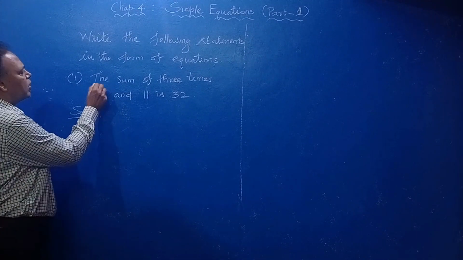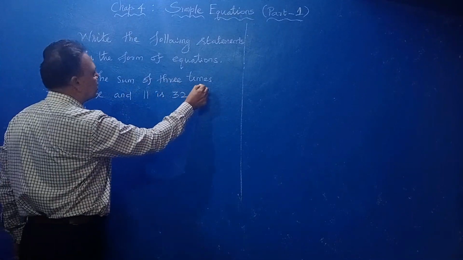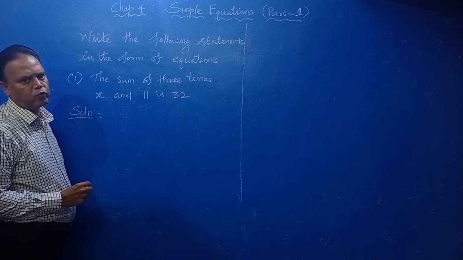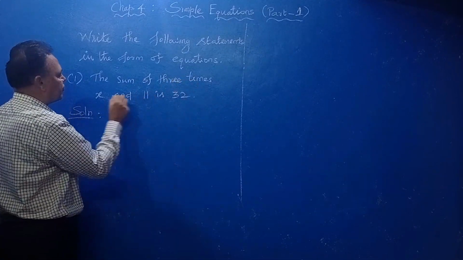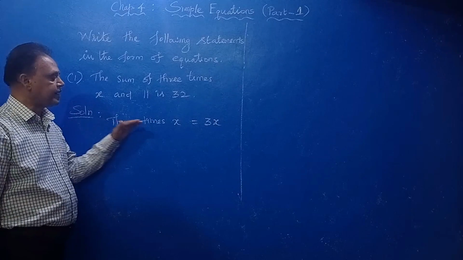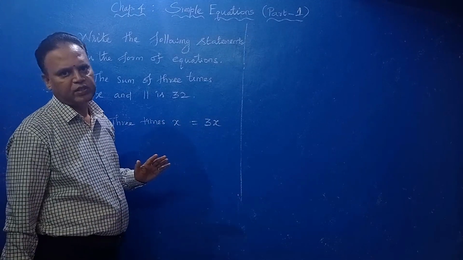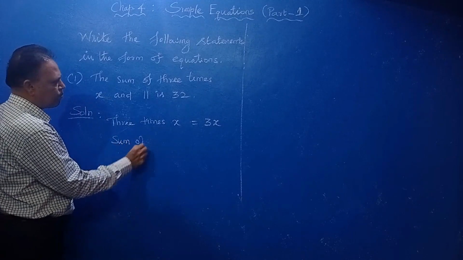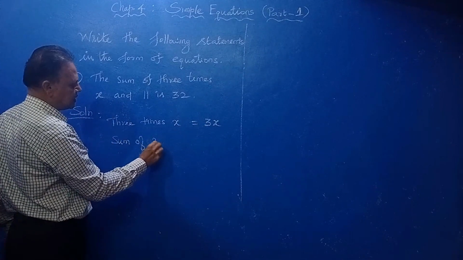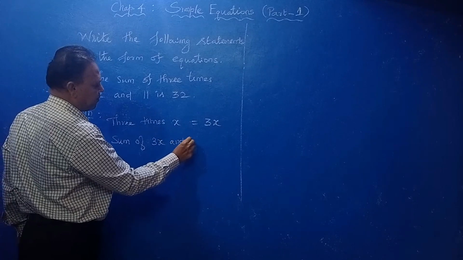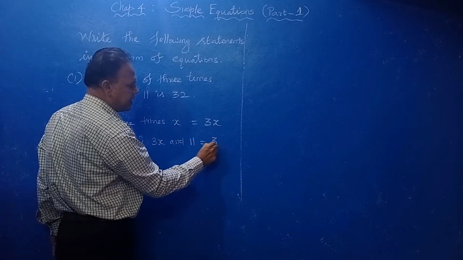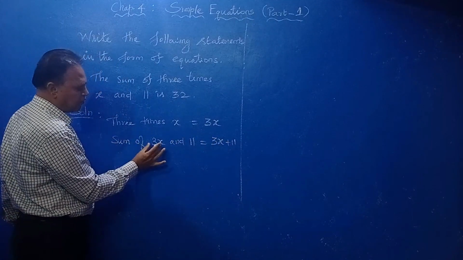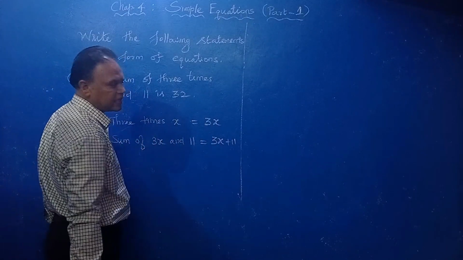Here the statement given is: the sum of 3 times x and 11 is 32. 3 times x means 3x. The sum of 3x and 11 means 3x plus 11.